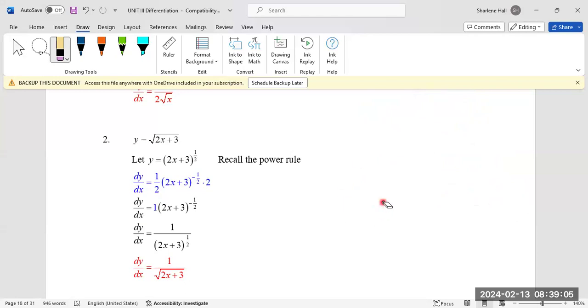Who got that answer? Anybody get that answer, 1 over 2 root of x?